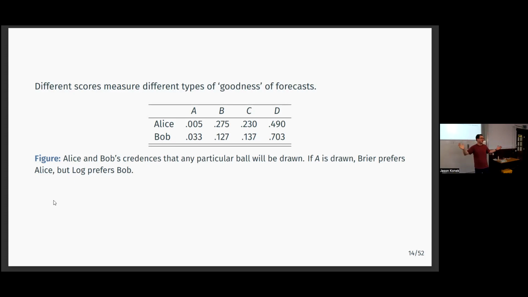So who's better? I don't know, right? There's not really a totally unambiguous answer to who gave a better forecast over this. And if you look at the log score and the Brier score, they're going to disagree on this. Other times there can't be disagreement. Like if Carol was sure A would occur and it did, every scoring rule will have to agree that she did better. Okay.